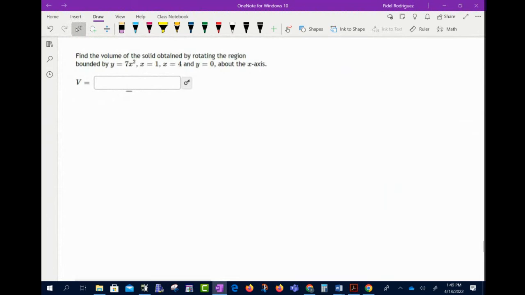So it says find the volume of the solid obtained by rotating the region bounded by y equals 7x squared, x equals 1, x equals 4, and y equals 0 about the x-axis. Okay, so first thing I'm going to do, y'all, is draw a picture. Here's my x-axis, my y-axis.